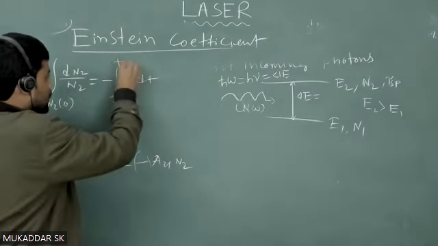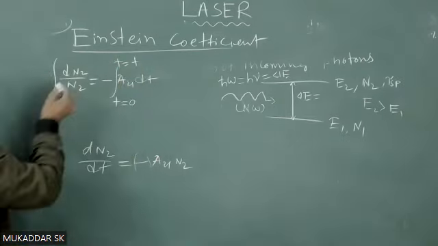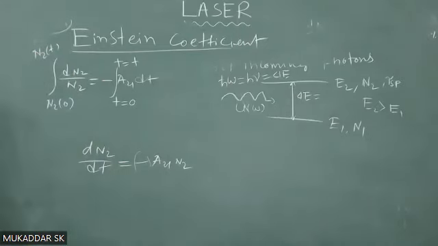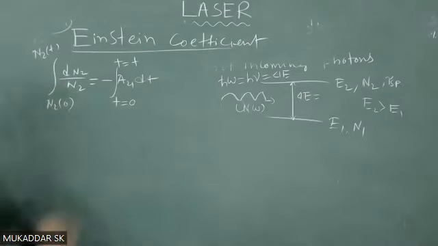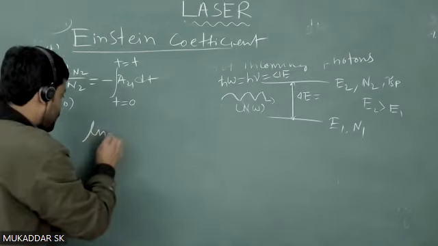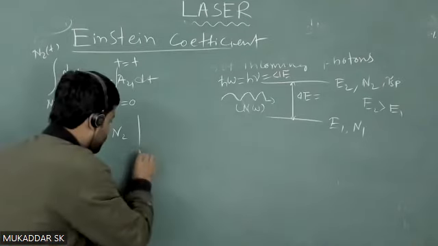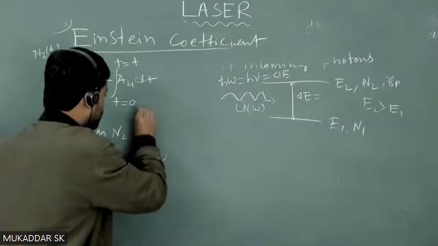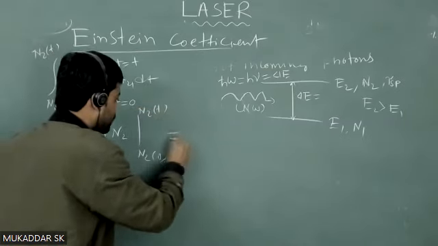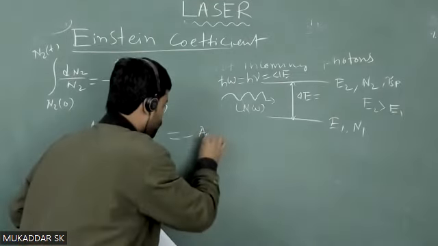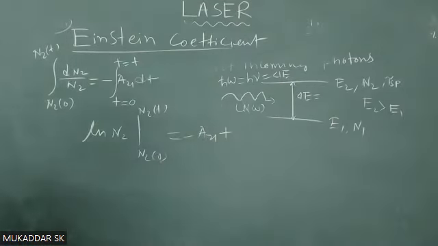At time t equals t, let us assume the population of E2 is N2(t). Now if I integrate and substitute the limits, dN2 by N2 will be ln N2, right? dx by x is ln x, right? Then you have the limits N2(0) and N2(t). And this side you have minus A2 t, right?